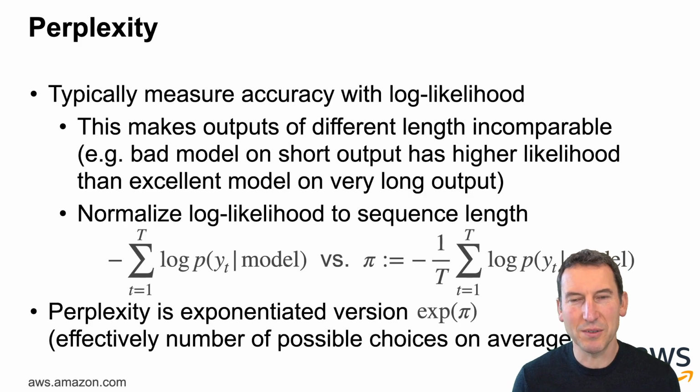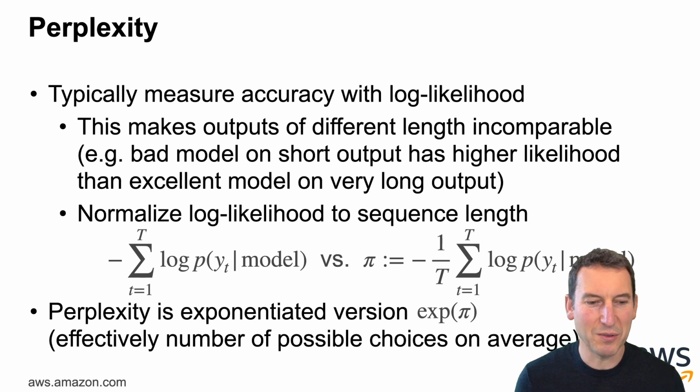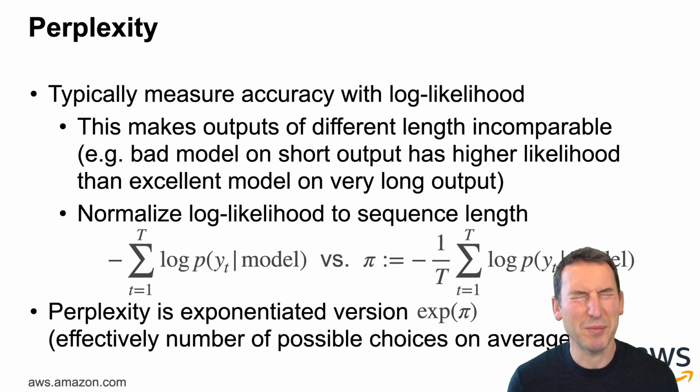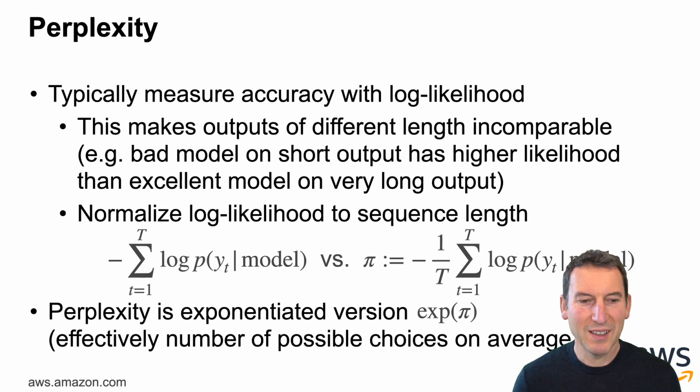The other thing that we need to do is we need to measure how well we're doing. If you think about it, so far we basically looked at the log likelihood for multi-class classification, or maybe a least mean squares problem for regression, which actually can be mapped into something that matches a log likelihood. But the problem is if I have sometimes short, sometimes long sequences, maybe in a machine translation model, then it's really difficult to compare sequences.